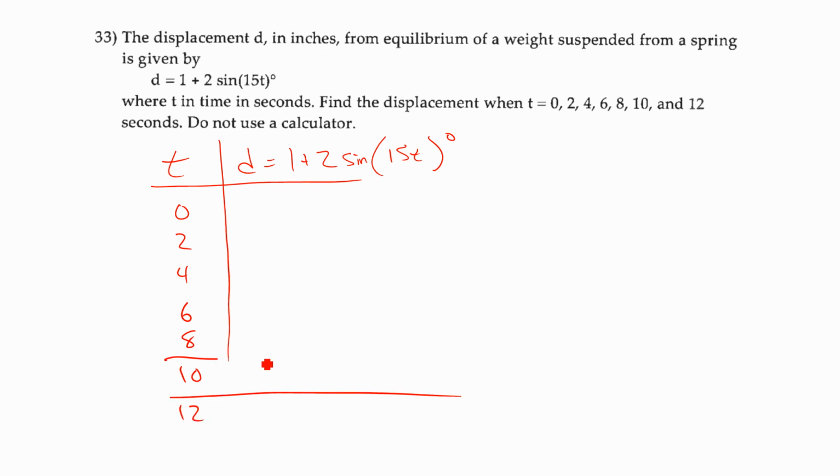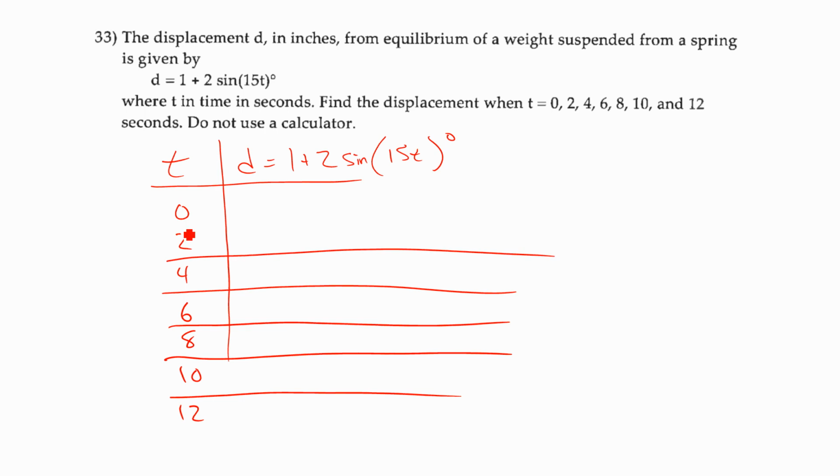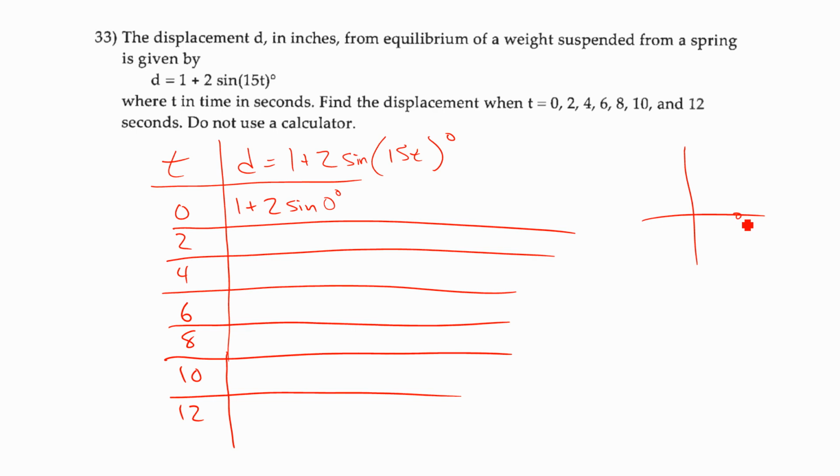All right, so this is going to be 1 plus 2 times the sine of 15 times 0, which is 0 degrees. The sine of 0 degrees is right there. What's the y value there? 1, 0. So the sine, the y value is 0. So 1 plus 2 times 0 is 1.